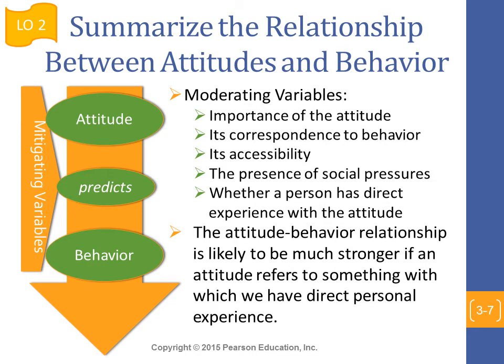It's further explained with the moderating variables, which further explain the importance of the attitude and talk about accessibility. And eventually, the researchers, according to the book, mention that this attitude-behavior relationship, which is crucial when you are looking into a person's involvement with a certain organization or a person-to-person relationship, is likely to be much stronger if an attitude refers to something which we have direct personal experience with.